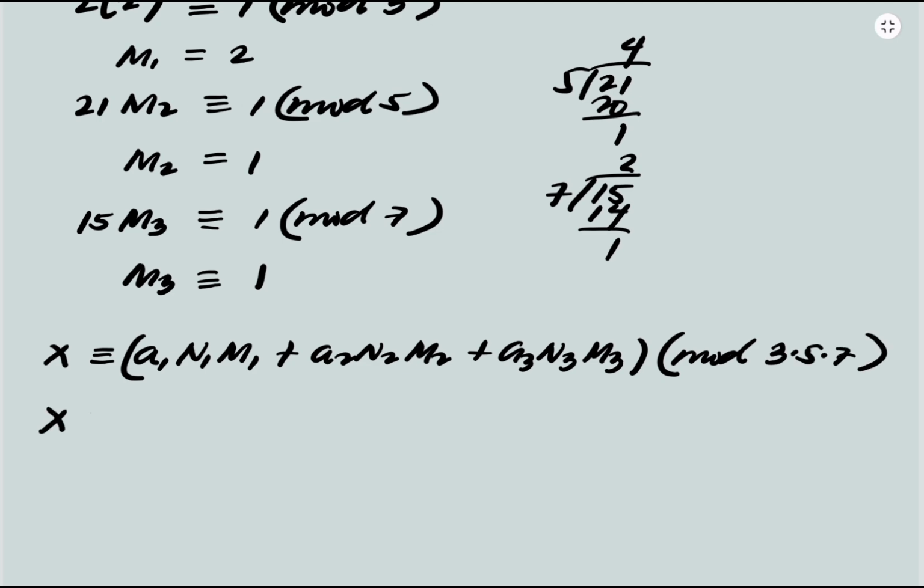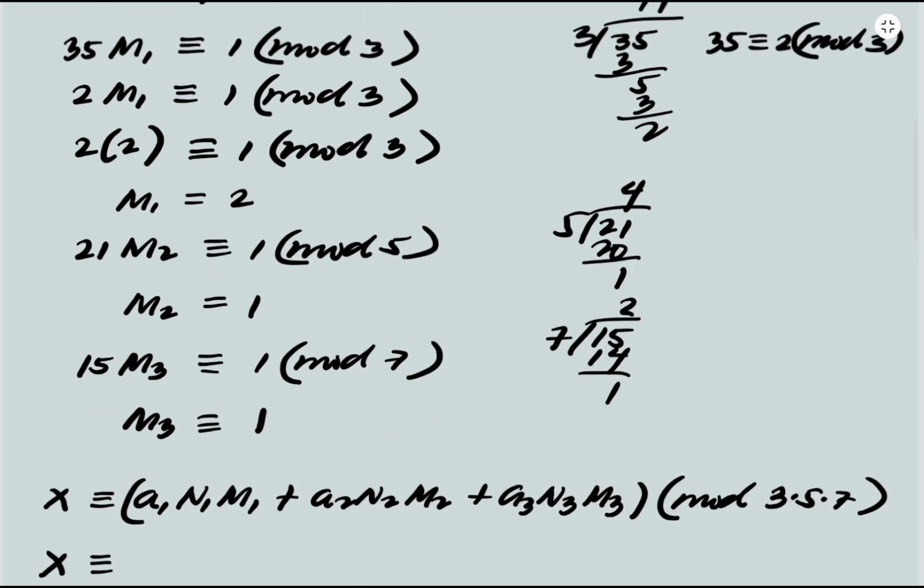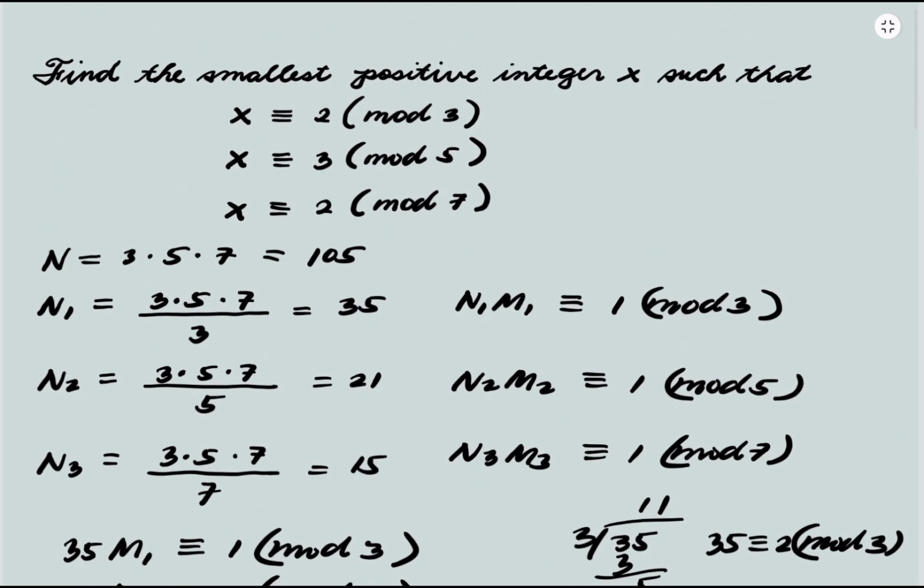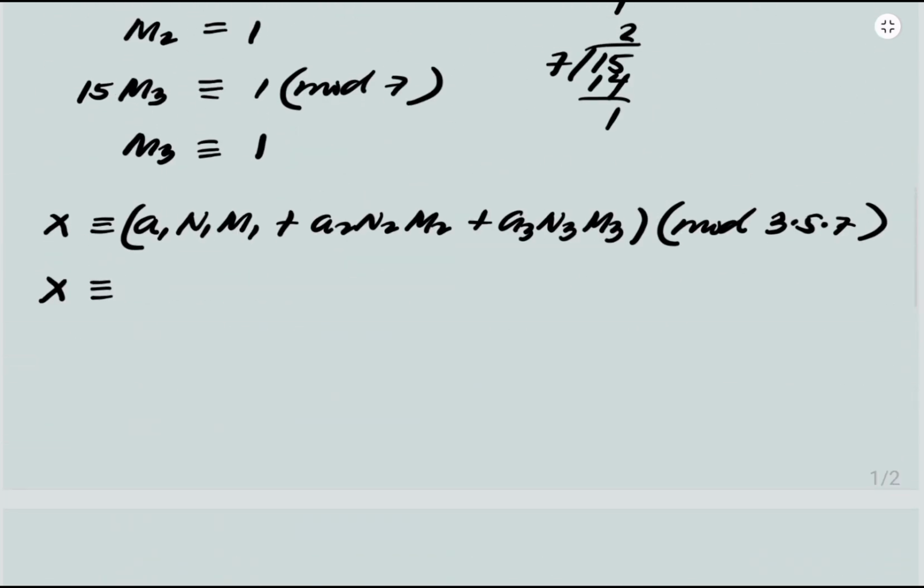So we have x congruent to what? a sub 1, a sub 2, and a sub 3 are the remainders. So we have 2 times n sub 1.